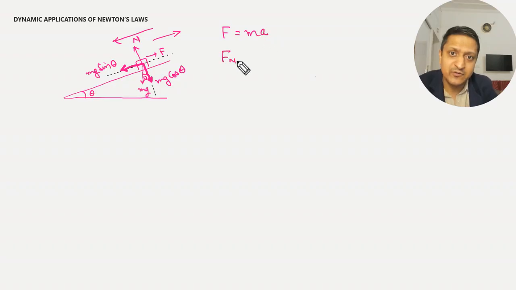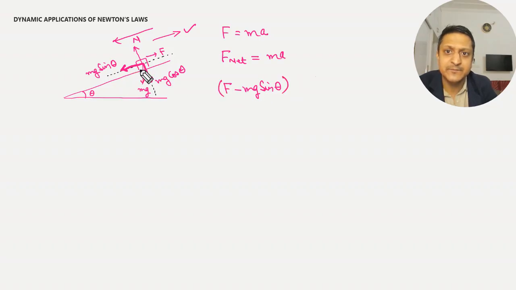So you would use F net, which equals mass times acceleration. Suppose it is moving in this direction with a force F, then F net will be F minus mg sin theta, equal to the mass of the body times the acceleration of the body. So you will get the acceleration at which this object is moving.